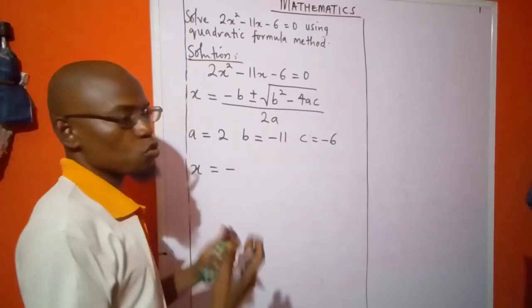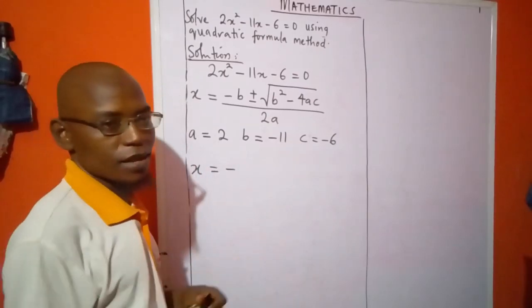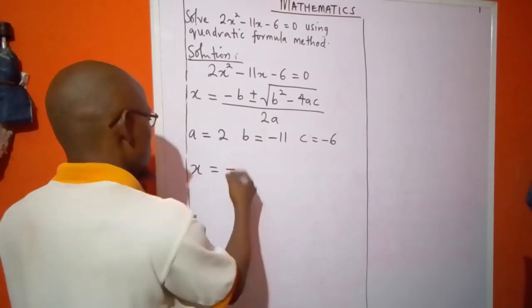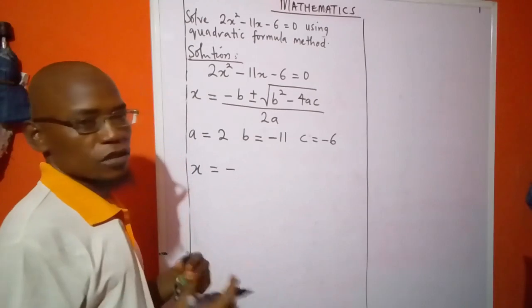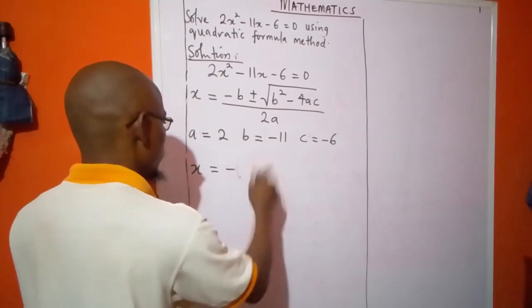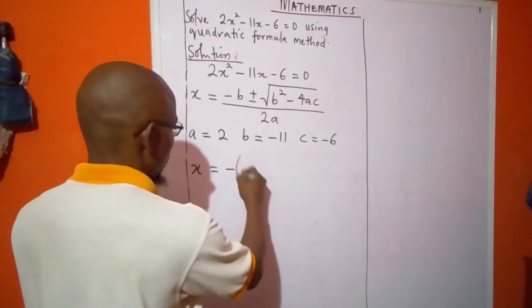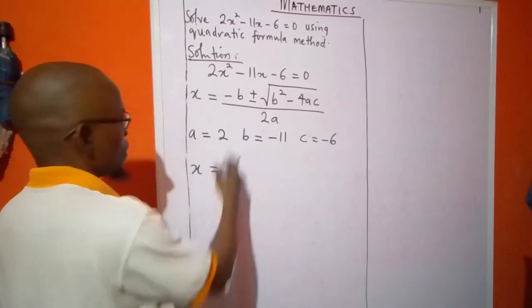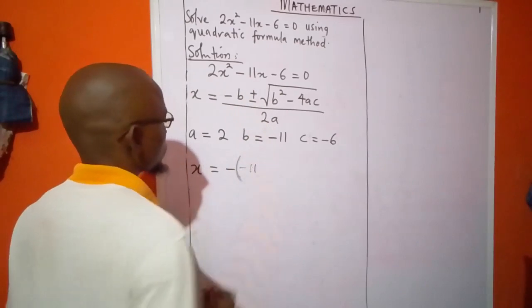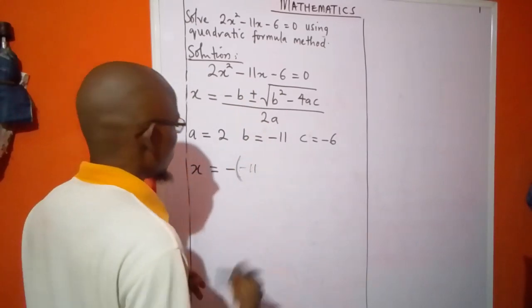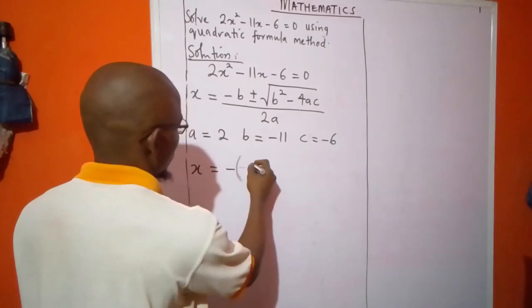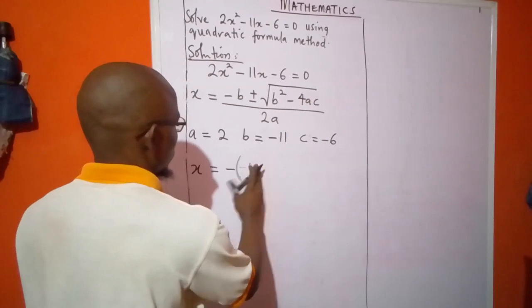So we are going to have two minus signs beside each other. So for you to be able to do that without difficulty, the next thing is to open a bracket, then put minus 11 there. Sorry, the marker.